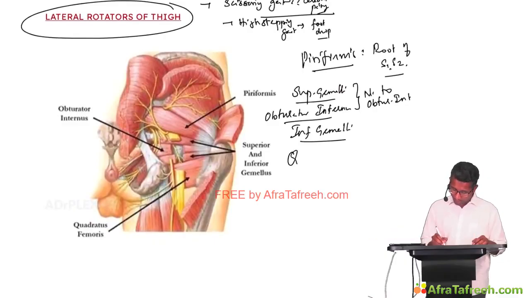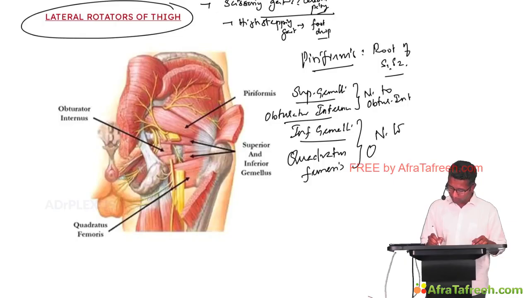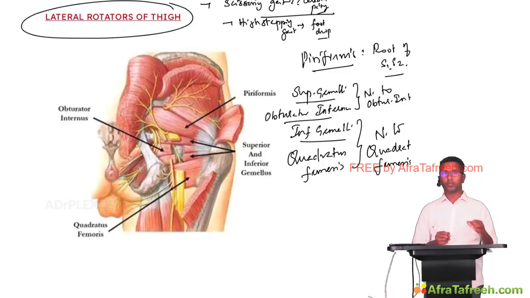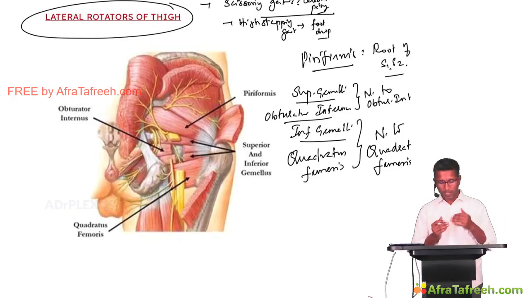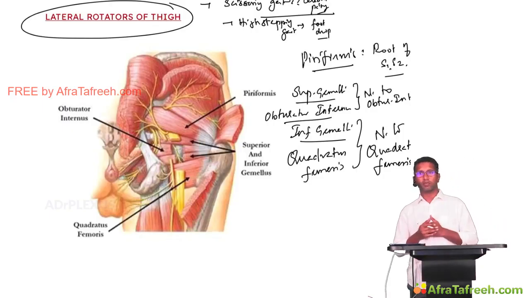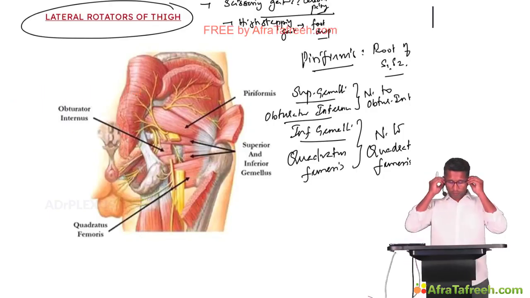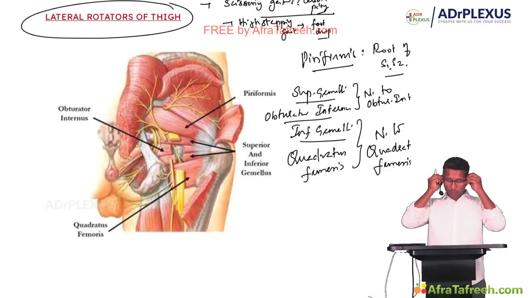The quadratus femoris and the inferior gemellus are supplied by the nerve to quadratus femoris. So the superior gemellus and obturator internus are supplied by the nerve to obturator internus, and the inferior gemellus and quadratus femoris are supplied by the nerve to quadratus femoris.